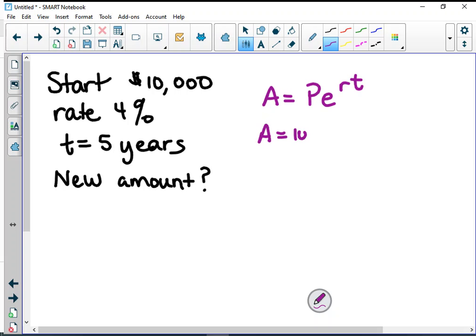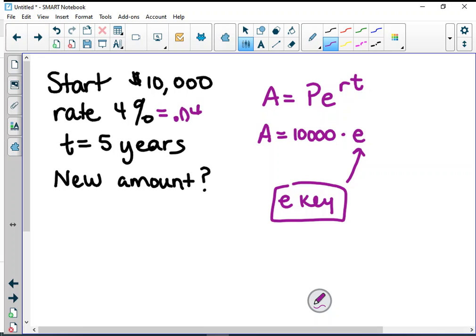So I'm taking my $10,000 times e. There's an e key on your calculator and on Desmos that we can use, and we should use. For 4%, we're going to use 0.04 and 5 for 5 years.